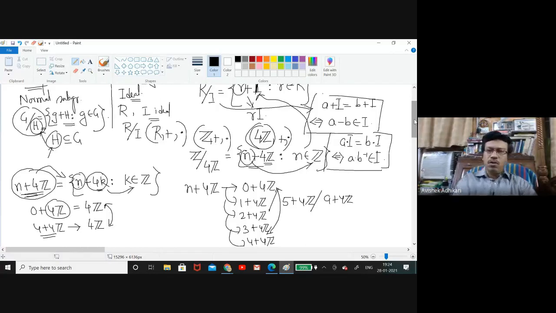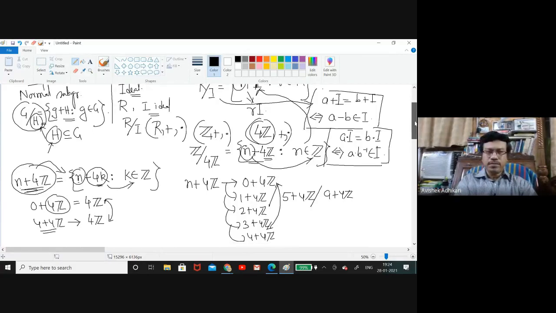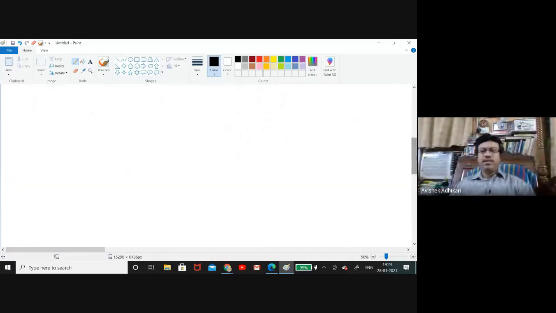Now, I will come to the first very interesting idea: what is the idea of this quotient? So Z and the ideal 4Z. We have taken a quotient, so Z quotient 4Z, right?